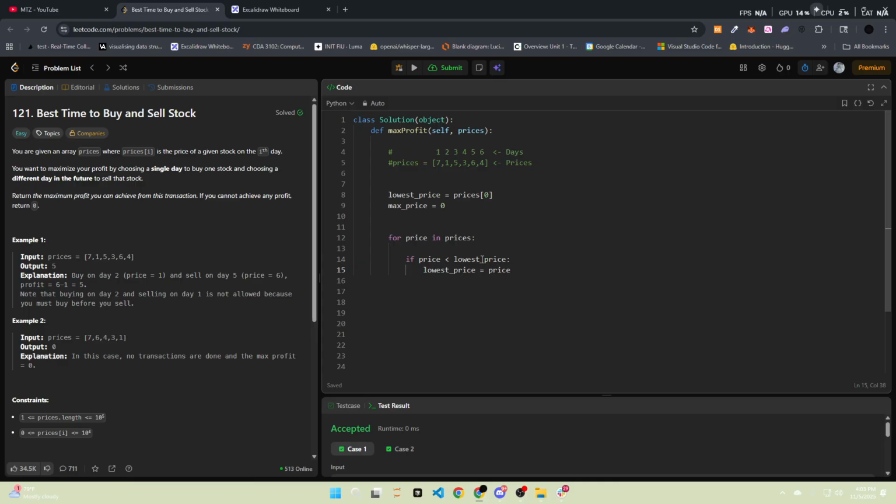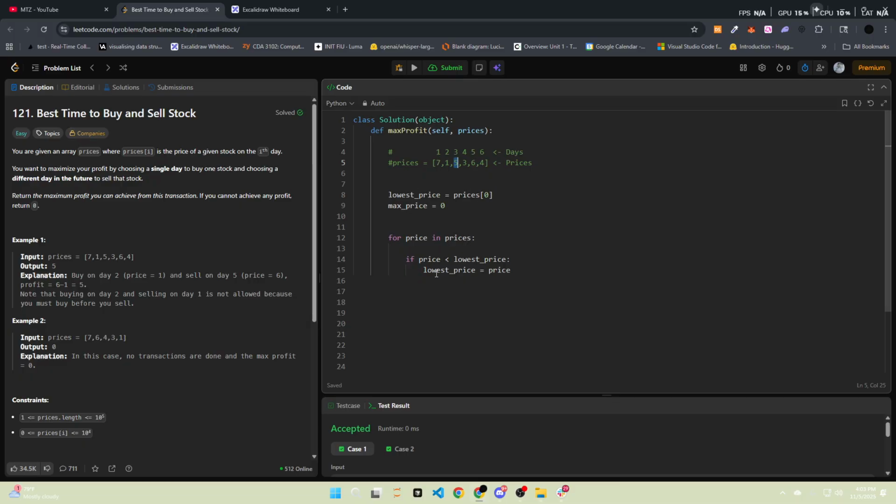What is this doing? This if statement is basically saying, remember price represents each value that we're iterating to. So wherever we may be, let's say we're in the third iteration and it's 5. If 5 is less than lowest price, which in this instance is equal to 7, well, yes, 5 is less than 7.